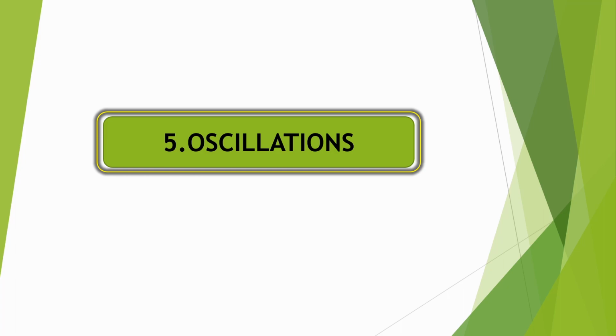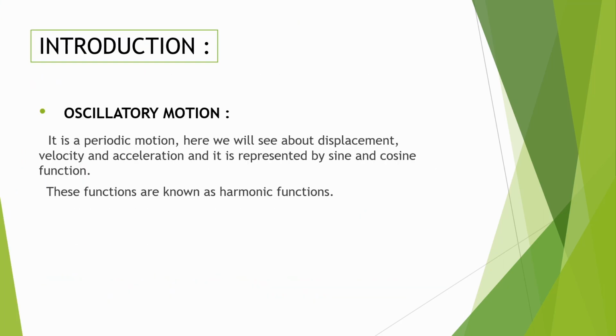So let us see the explanation for oscillatory motion. Oscillatory motion is a periodic motion, and in this chapter we shall see that the displacement, velocity and acceleration are represented by sine and cosine functions, and these functions are known as harmonic functions.